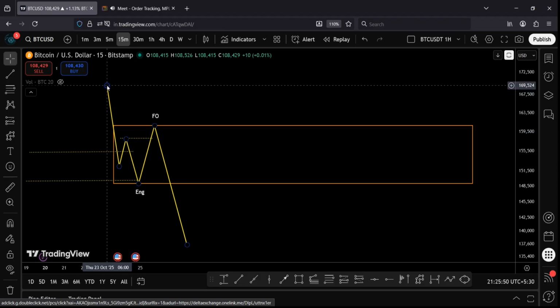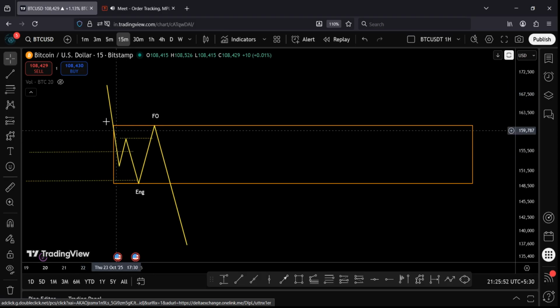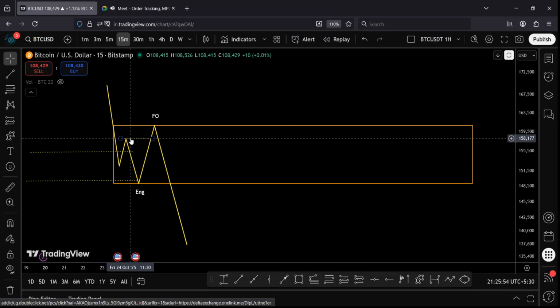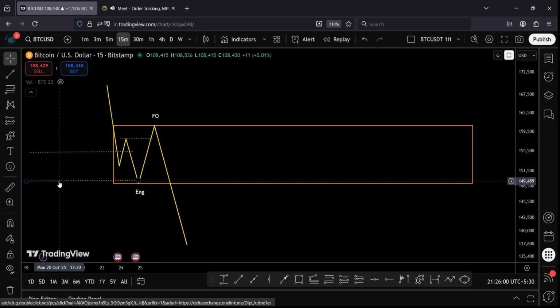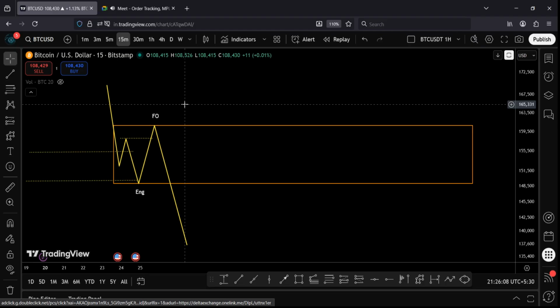This level was created while the price was falling. Price fell, went up, came back again. So here there was a level. What is price doing? Engulfing this level and faking out this level, right? So we should always be careful about the fake out and engulfing.